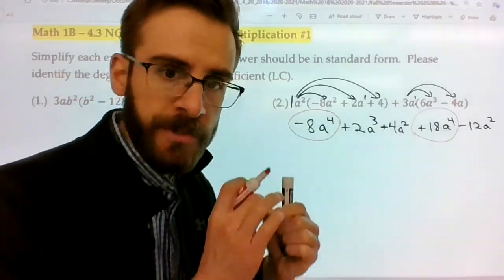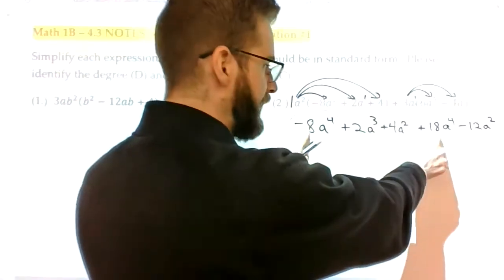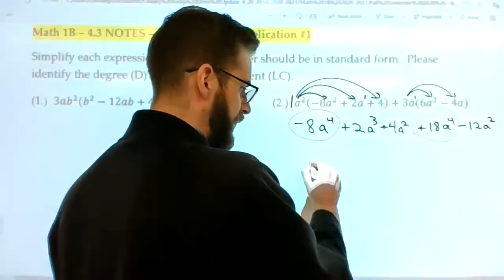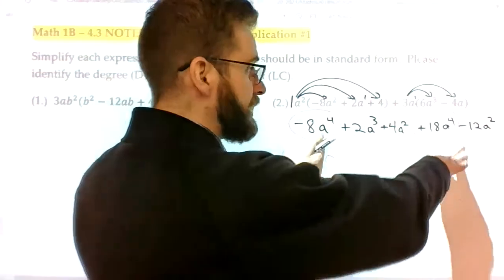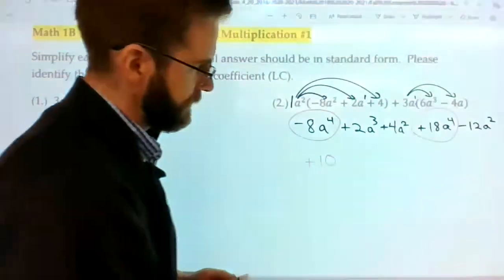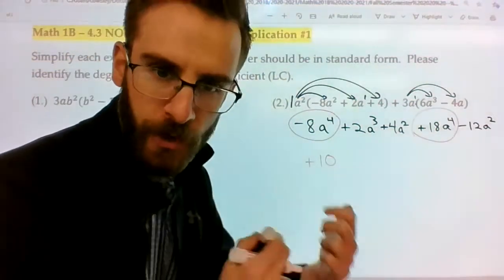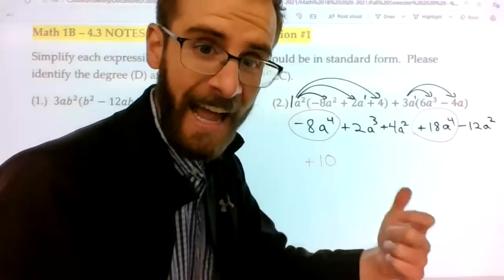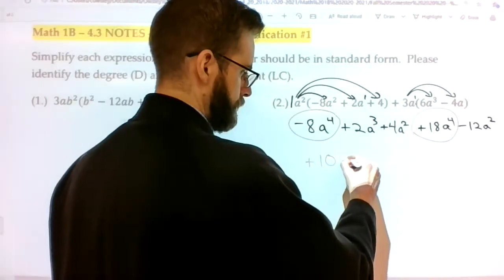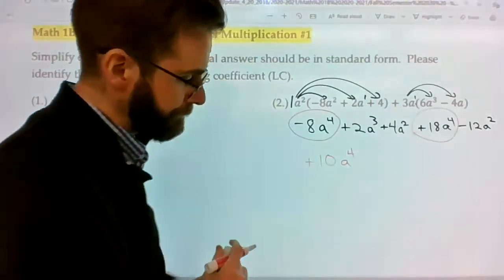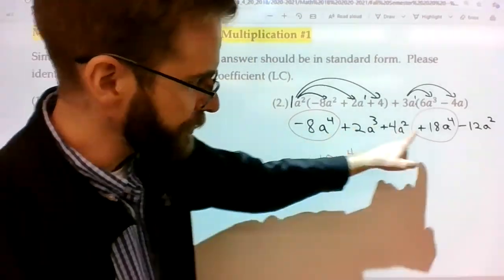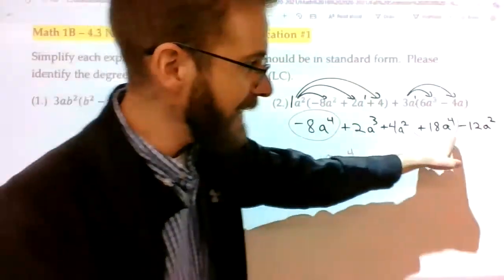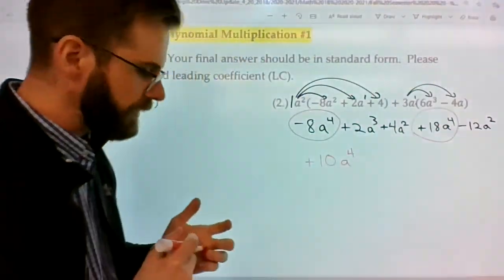When you add or subtract, negative 8 plus 18 is a positive 10. You keep these the same. Right? You're just dealing with the coefficients, and then the a to the 4th is a tag along. Okay, so when I add or subtract, it's still going to be a to the 4th for my term.